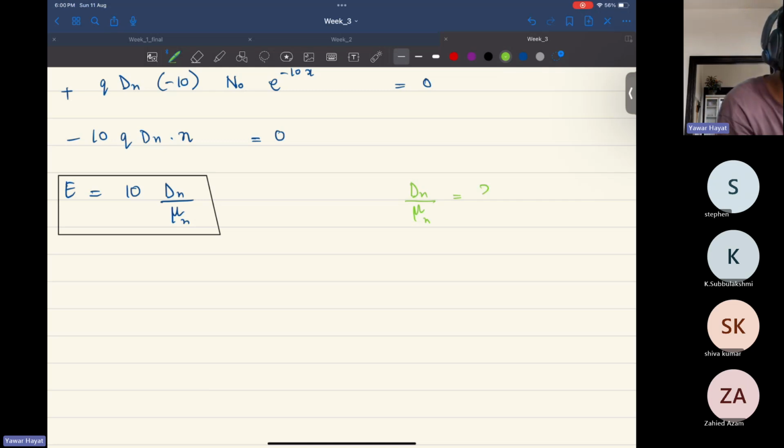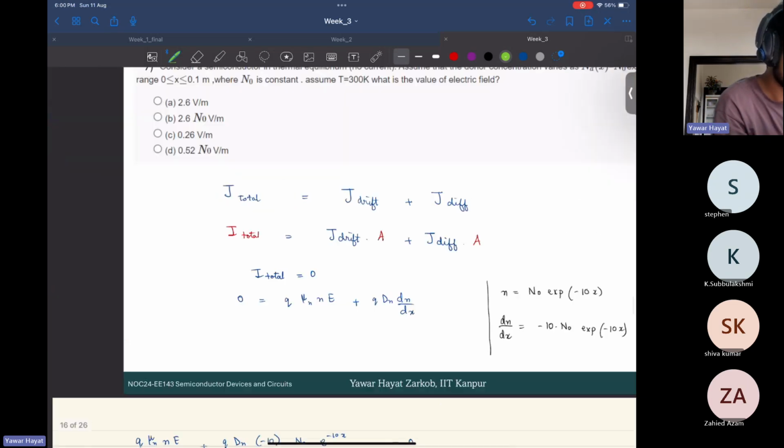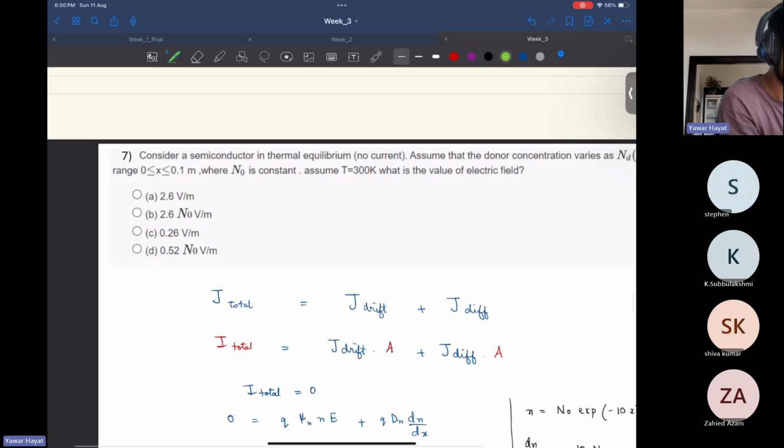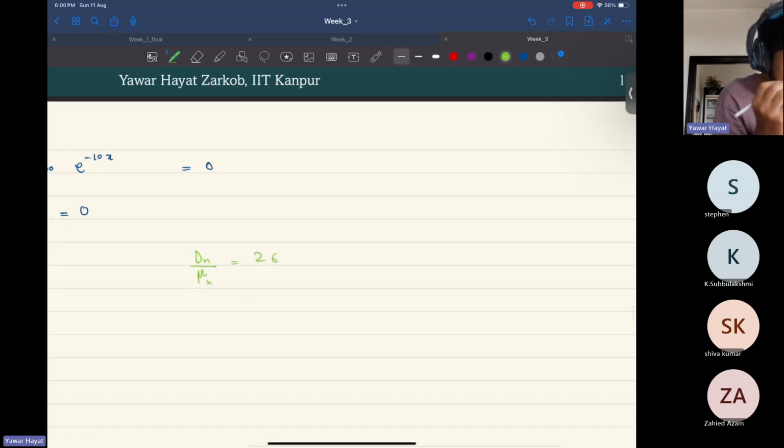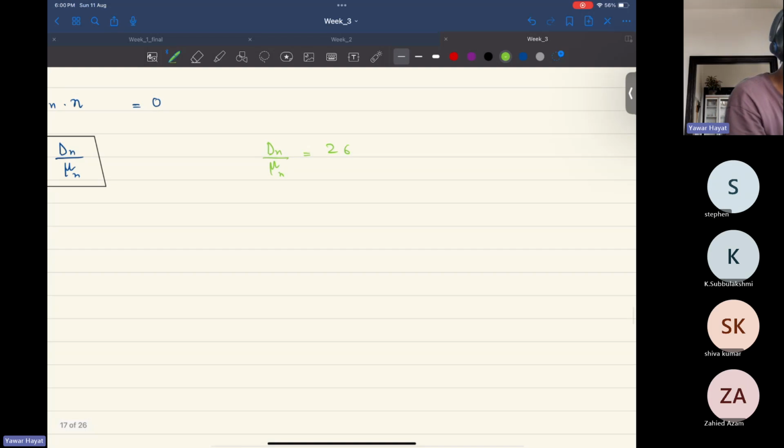Sorry, I confused Dn by mu n with Dn. That's why I was telling you that you should know the quantities. See, this is nothing but kT by q. And we know kT by q is 26 millivolt, right?